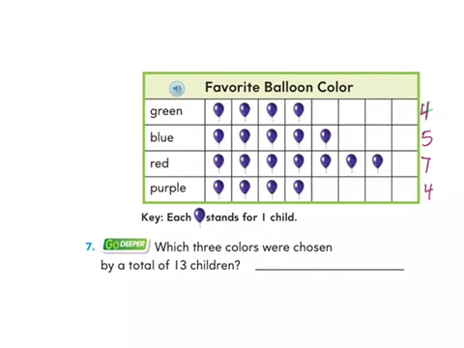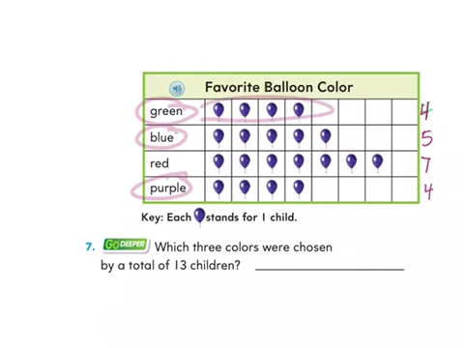So this one I'm going to do green, blue, and purple. So I'm going to skip red. 1, 2, 3, 4, 5, 6, 7, 8, 9, 10, 11, 12, 13. So that means green, blue, and purple.